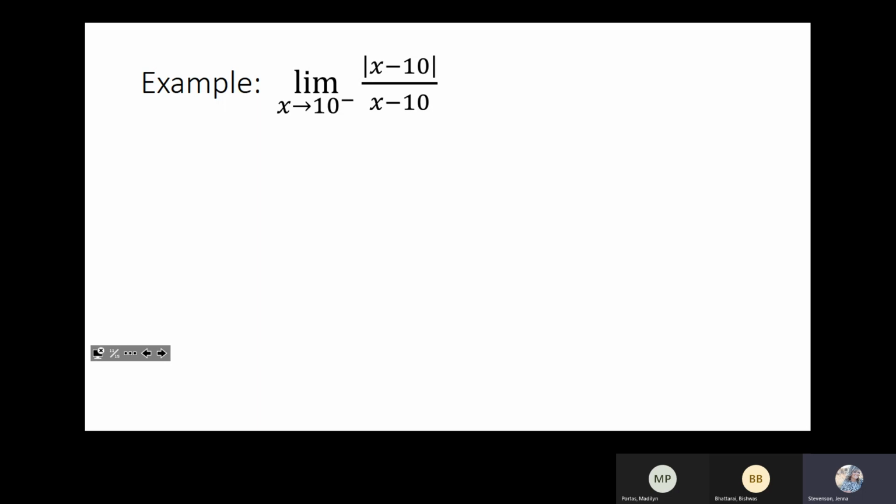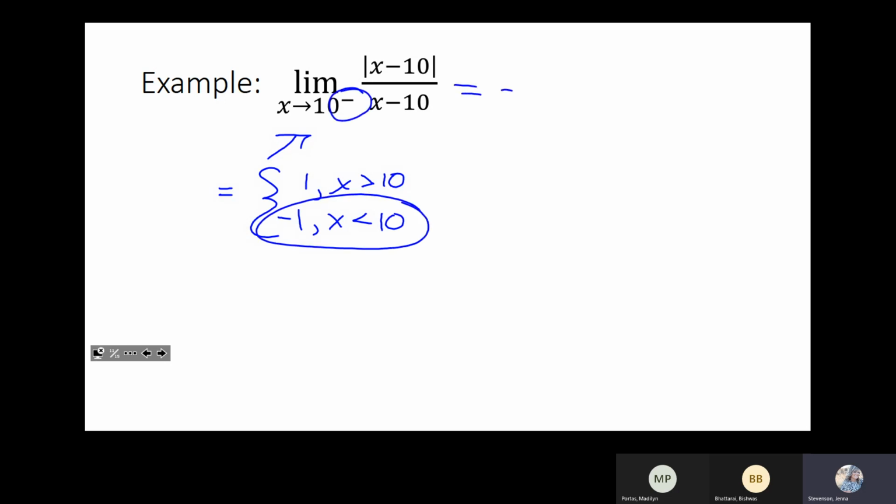So if we're just looking at one side of it, this we know is +1 and -1. So if I'm just asking for this side of it, I just need this. So this one does exist because it's just one side. Okay, so a question might ask for just half of the limit, which is okay, that does exist.